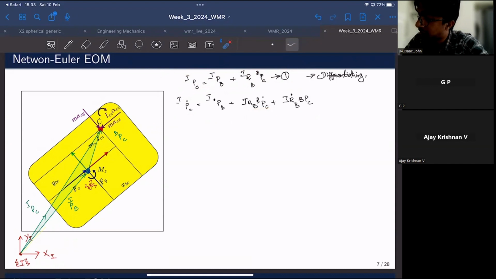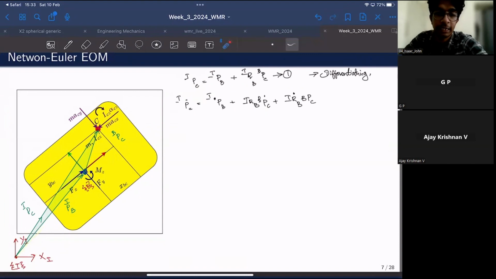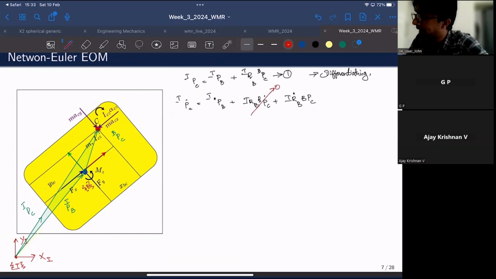This is the derivative of the position of point C with respect to frame B. As I said earlier, since point C and point B are part of the same rigid body, there won't be any relative change between the position coordinate of point C with respect to frame B. So the derivative of the position of C with respect to B is always going to be zero when expressed in the frame of reference B. So this term is always going to be zero. You can ignore this term from now onwards.